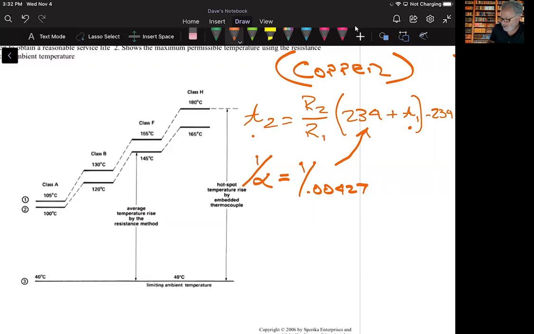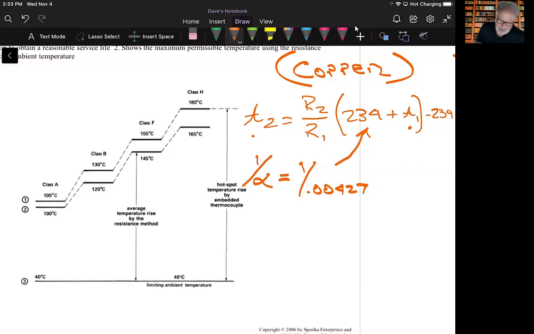So we can make the determination of average temperature rise using this resistance measurement method, and we can immediately calculate the corresponding temperature rise by subtracting the ambient. If the temperature rise, for instance for Class B, was 80 degrees, then the product is acceptable.